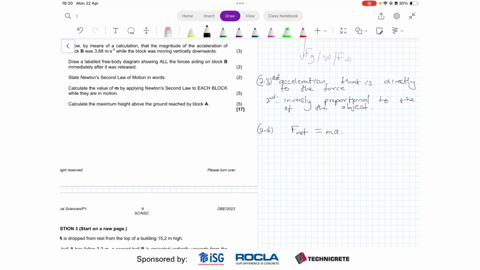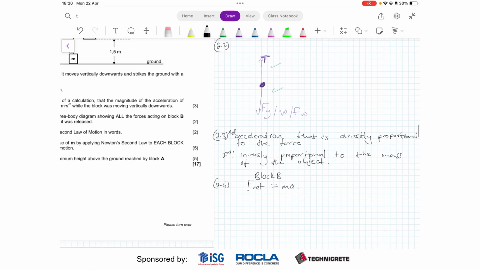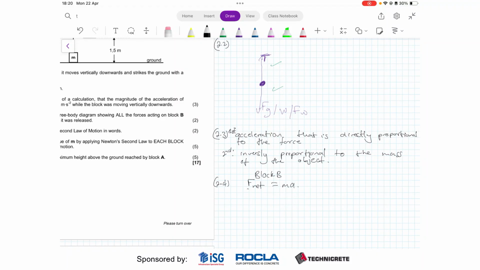Now we know from our formula that F net for block B, let's start with block B. For block B, we have already shown what the net force on block B is. We've shown that the forces acting on block B are the tension and the gravitational force.